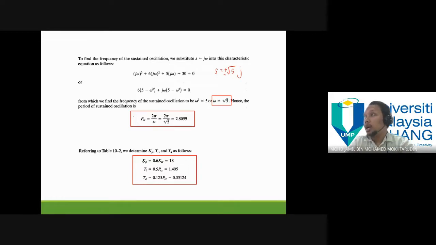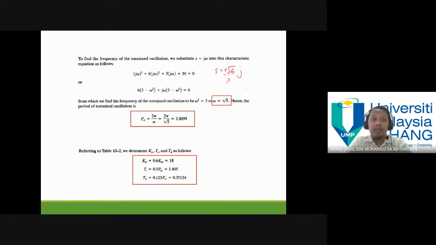And so the frequency is this. This is the frequency of the marginally stable oscillation. So from the frequency, we can determine the period of the oscillation. The period is 1 over frequency. Since this frequency is in radians per second, we need to use PCR equals 2 pi divided by omega.